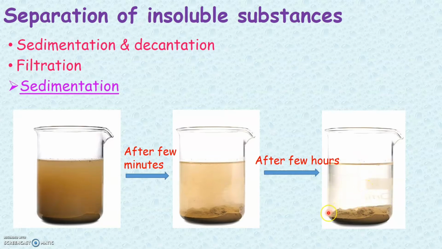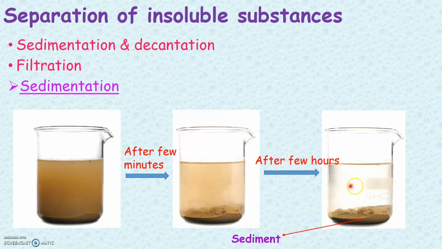So this layer of insoluble impurities that has settled at the bottom of this container is called sediment. So as you see here in the picture, all the sand particles, that is the insoluble impurities, have settled at the bottom, and this is called sediment.